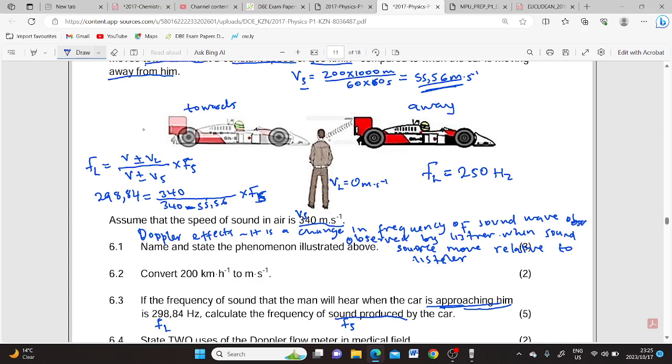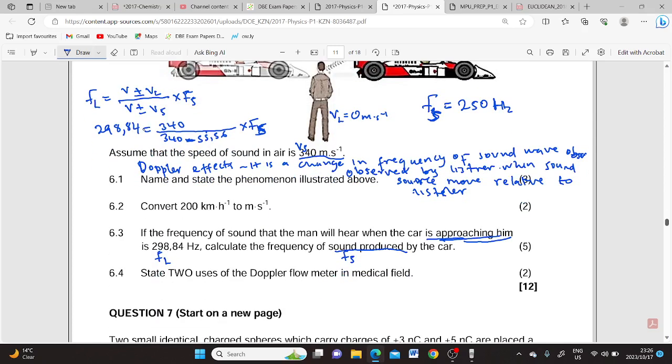Yes, so that will be the frequency of the source. So the source will produce this frequency, but because the car is approaching the listener, the listener will hear a frequency that is more than the one that is produced. Right.